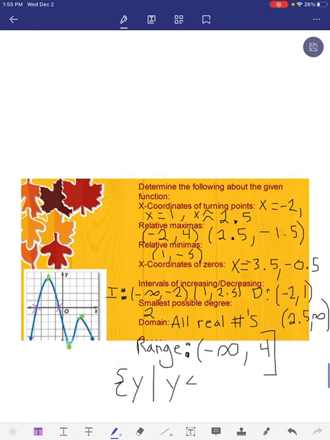So we would say y such that y is less than or equal to 4. Basically, if I can put an equal to bar on my interval, then I get a square bracket. Now, because I can never technically equal negative or positive infinity, our infinity symbols always get parentheses.